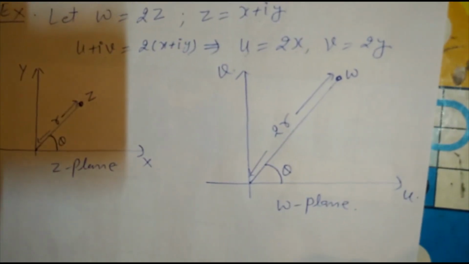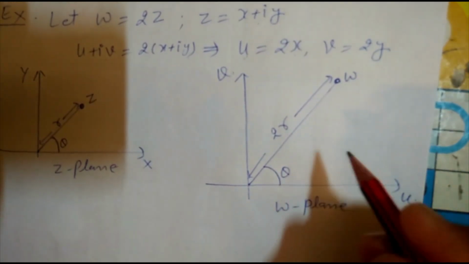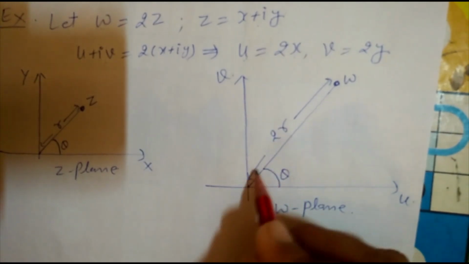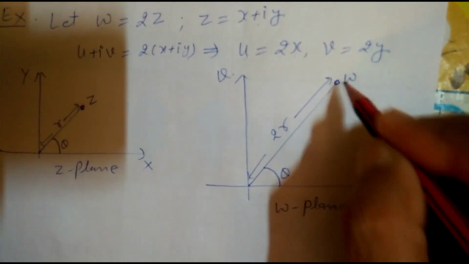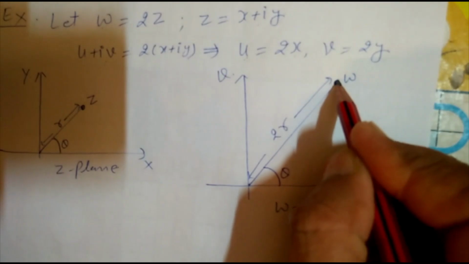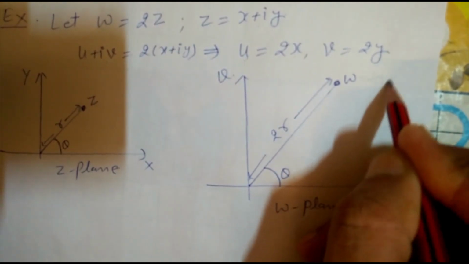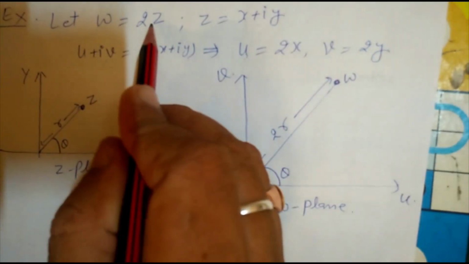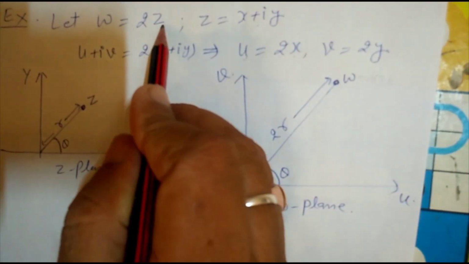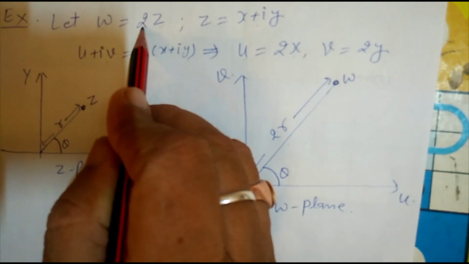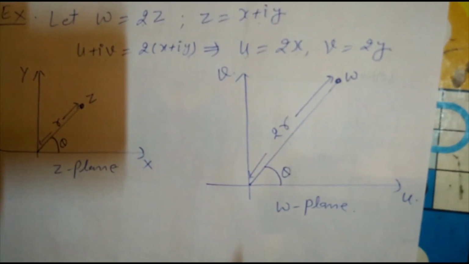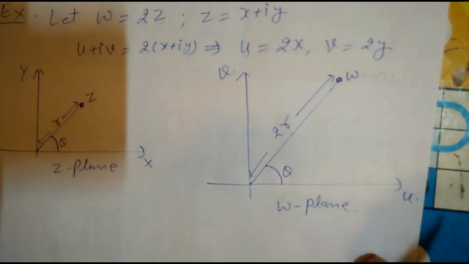So in that case, in the w plane the angle is the same, that is theta, but the z point transforms to the w point, w is equal to f of z, and the magnification is 2 times of the r. That is, here if we consider the coefficient of z is 2, which is greater than 1, so in that case the magnification in the w plane is 2 times of magnification in the z plane.